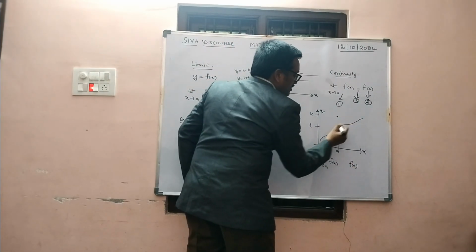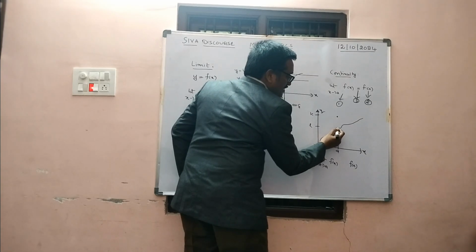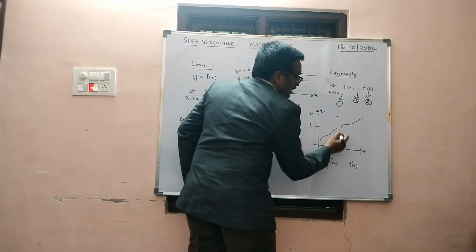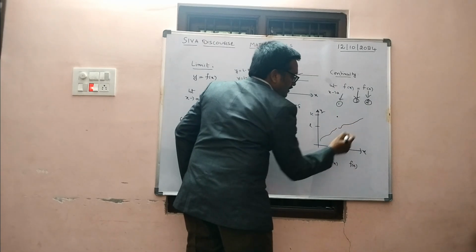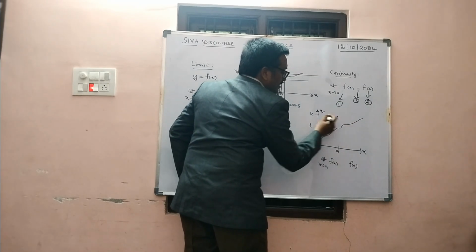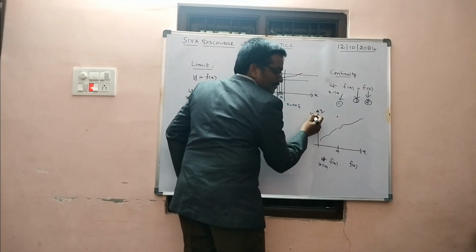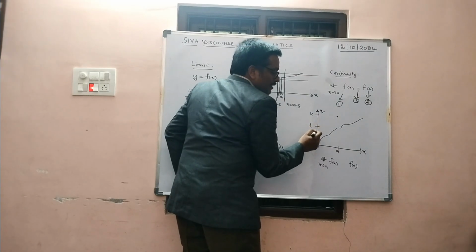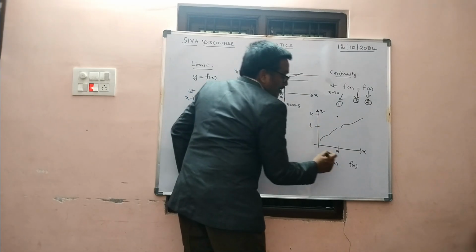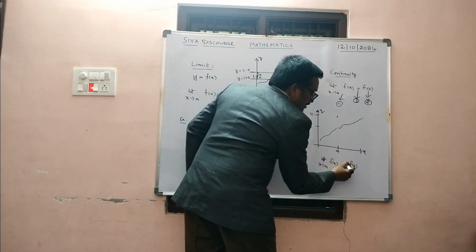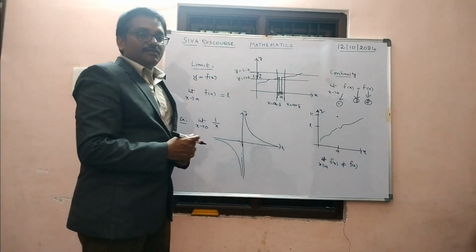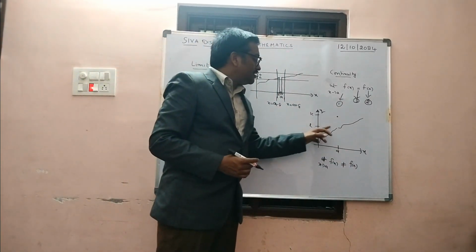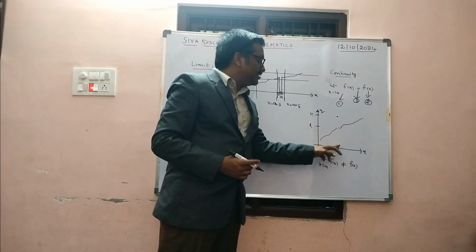The limit exists because the function approaches L before a and starts with L after a, and at a the function value is different, it's not L, it's k. Both are different values. Then the limit exists, the function value exists, but both are not equal. Then the function has a discontinuity at this point a.